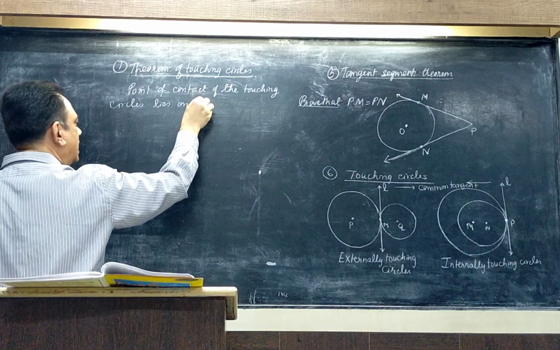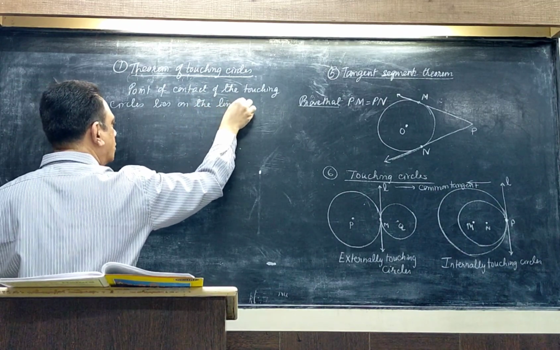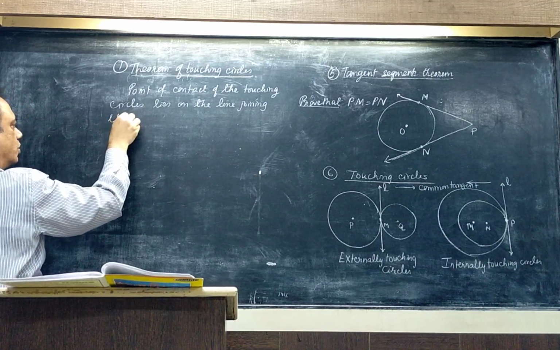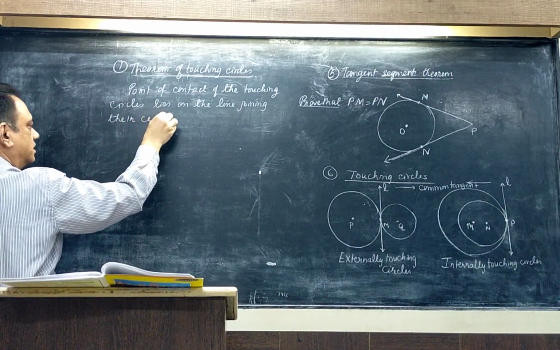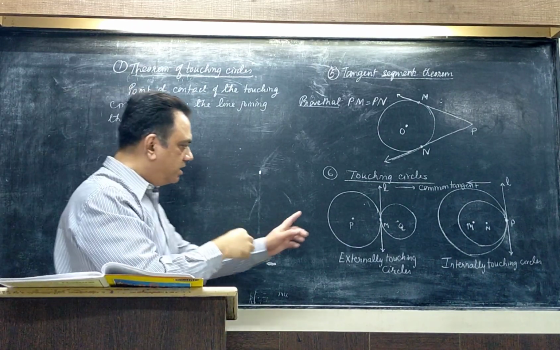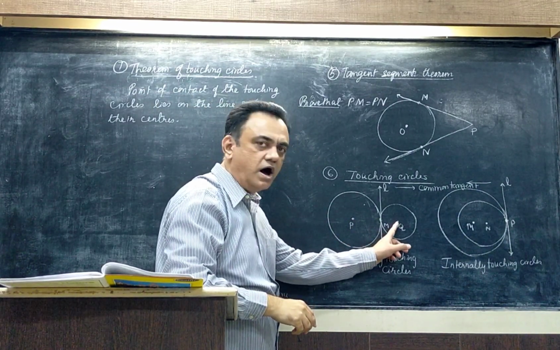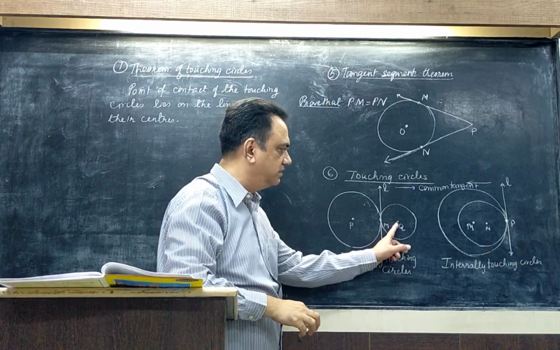Meaning, here if you see, all these points P, M, Q are collinear.